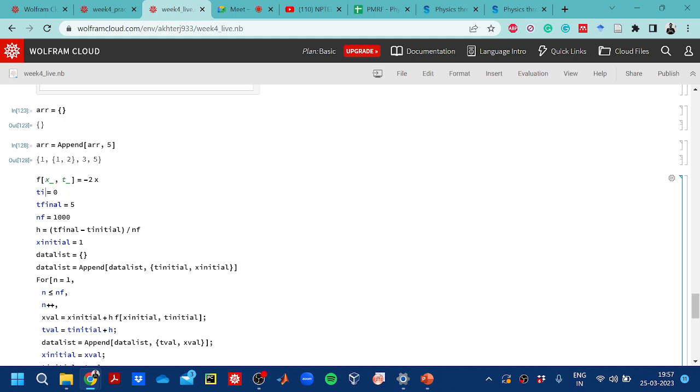Let us write it as ti, this is our t initial. It is not executing, so there is some problem.